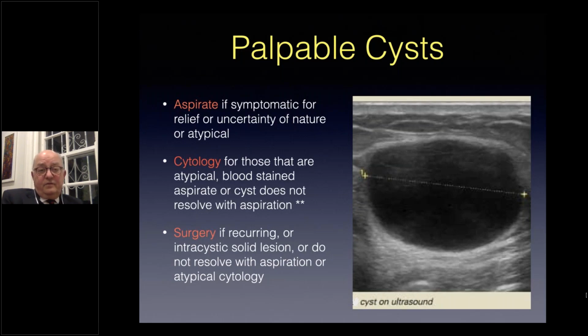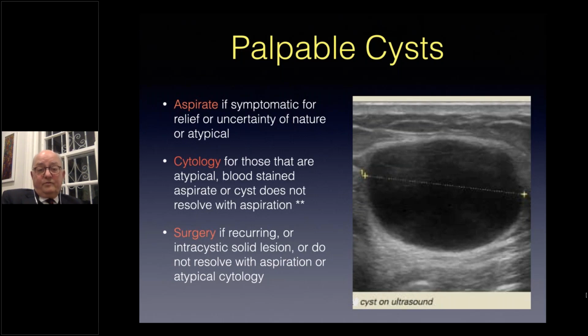Having aspirated, you've got to decide, what do I send for cytology? Now, those that are atypical and you've biopsied for that reason, they need to go for cytology. If you aspirate and you get a bloody aspirate, then you send for cytology. If you aspirate and you've got a residual mass, then you need to go on and reevaluate this patient.